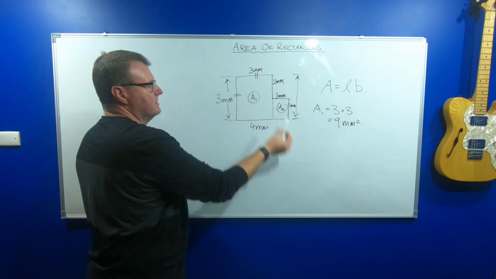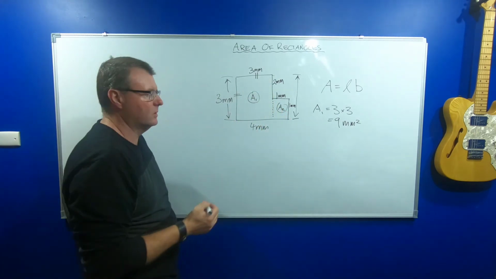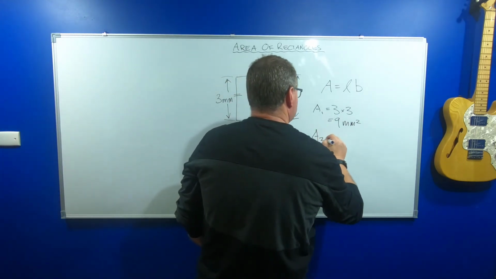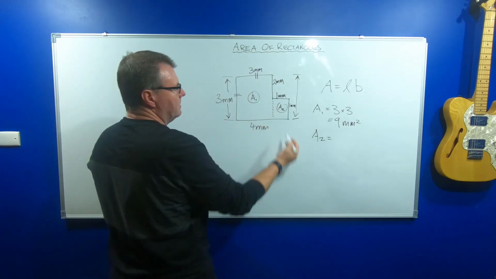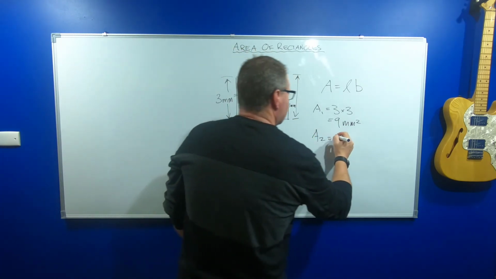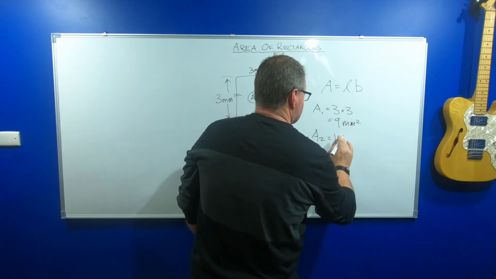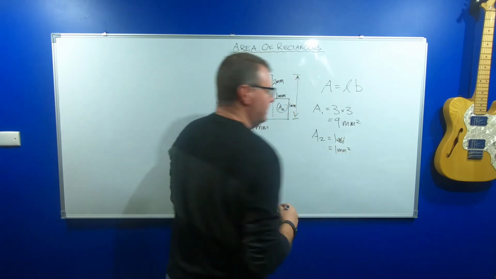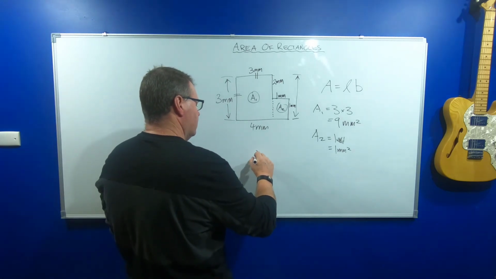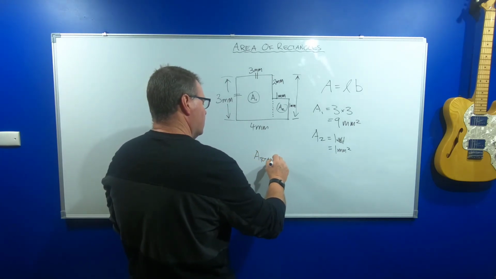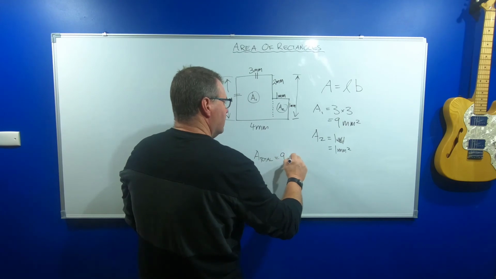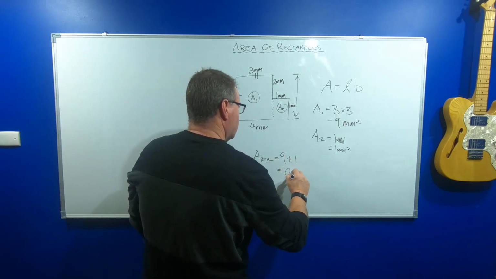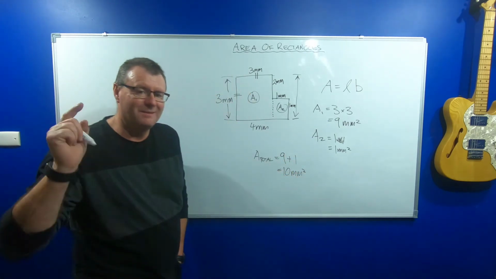The units are millimeters, and because it's an area, I square it. Area 2 equals 1 millimeter times 1 millimeter. 1 times 1 is 1 millimeter squared. So the total area equals the 9 plus the 1 equals 10 millimeters squared.